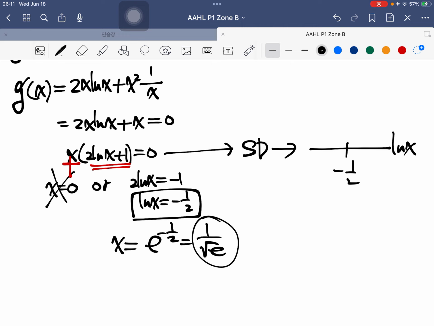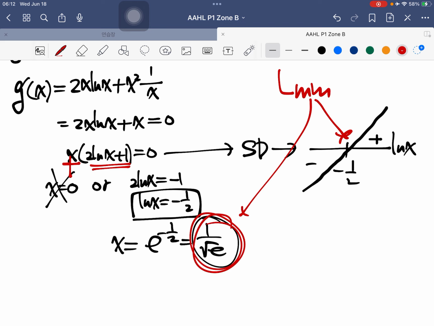The graph goes like this, because ln of x is pretty much a linear function. When ln x is less than negative 1 over 2, it is negative, and when it is greater than negative 1 over 2, it is positive. So going from negative to positive means that this point is a local minimum. So this is the answer.